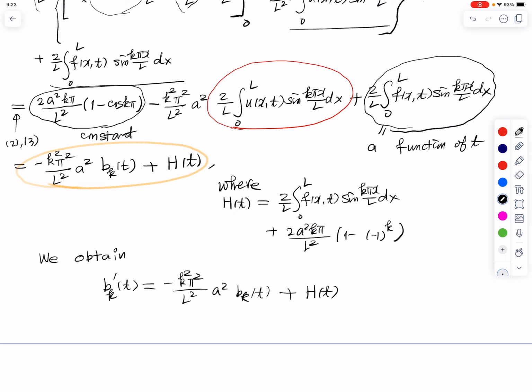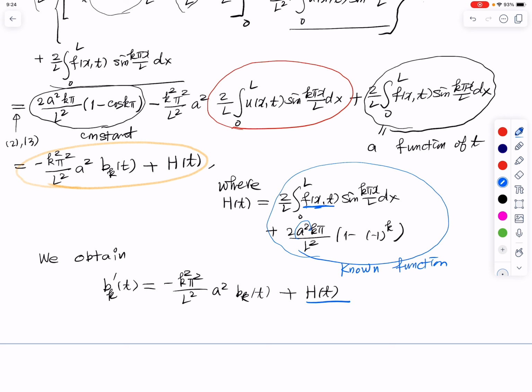This h(t) is determined by given quantities. f is given, a is given, so everything is given. This is a known function, because f is already given in the problem.